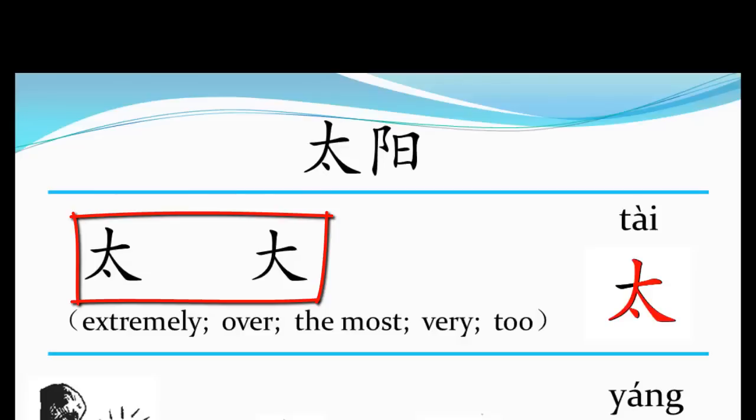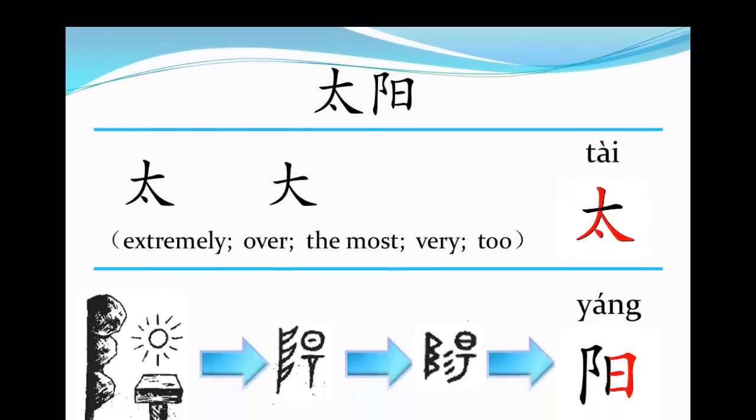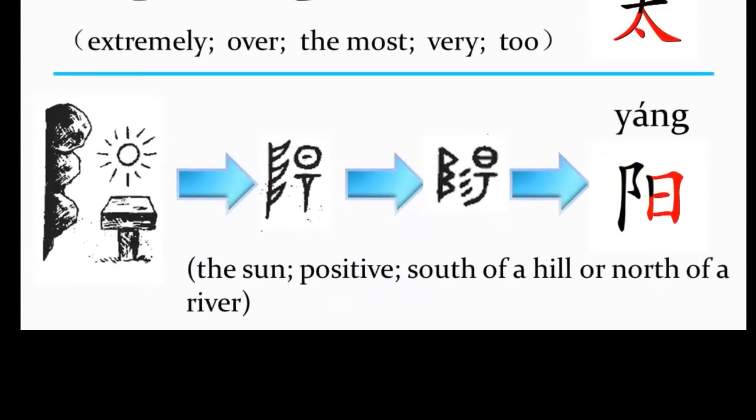That means something too big. Now let's look at another character, yang. The letter Y reads E. ANG reads ang. So yang. It's the second tone, so it reads yang.